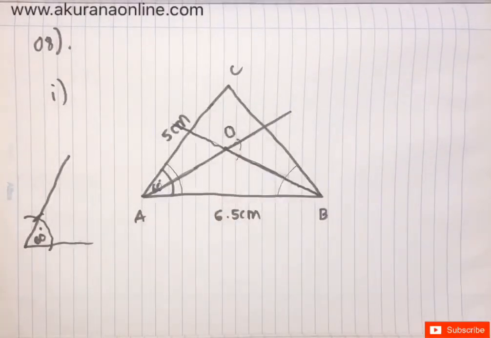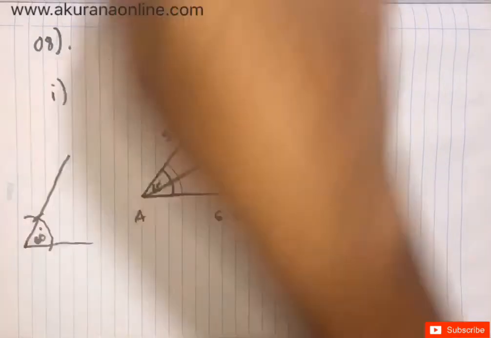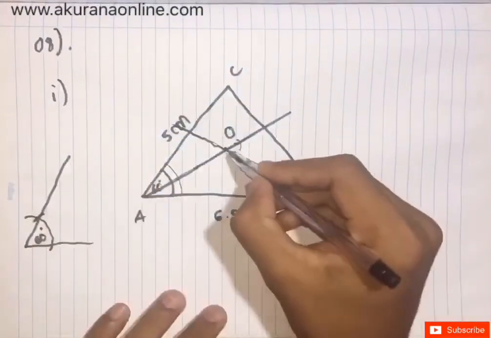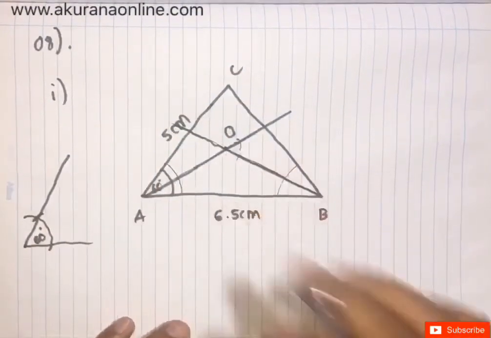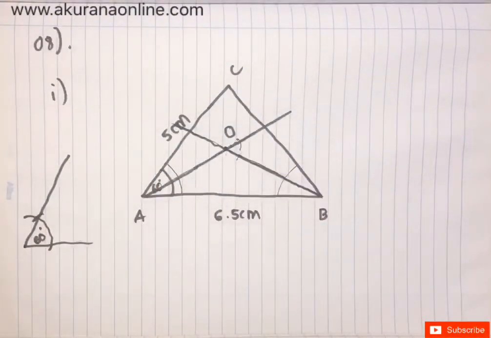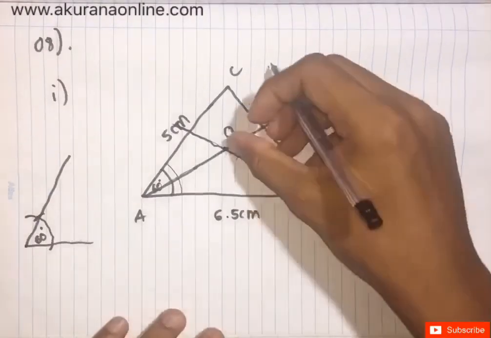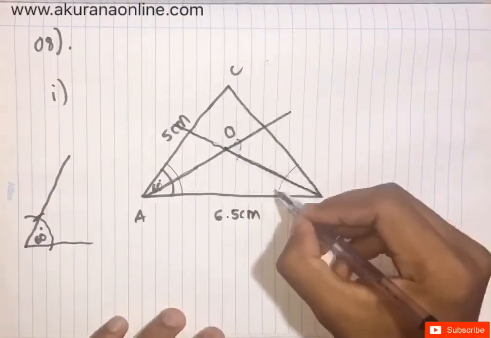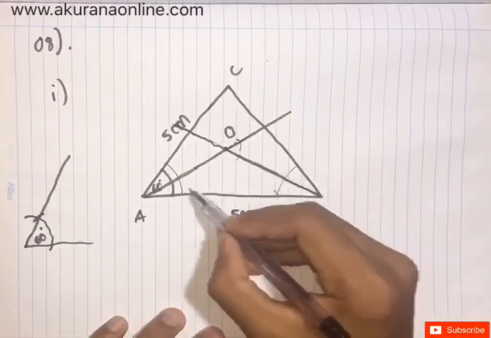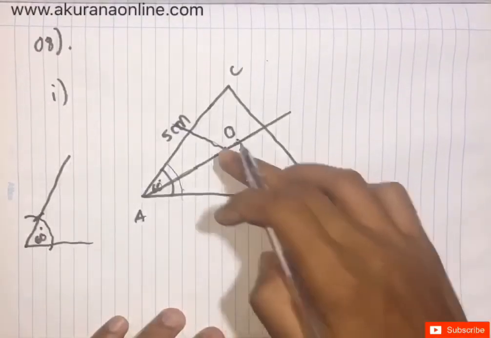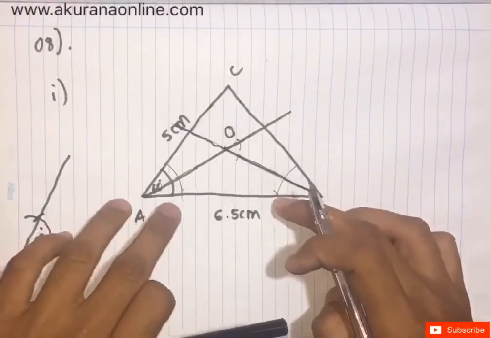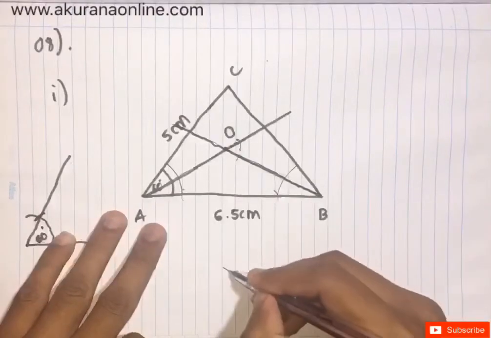Now construct a perpendicular from O to the side AB. You have to construct a perpendicular. That is, you have to join here, but it should be 90 degrees. Now how do you construct? Keep the compass here, make an arc here with equal length. Okay, and then keep your compass here and then make an arc here.